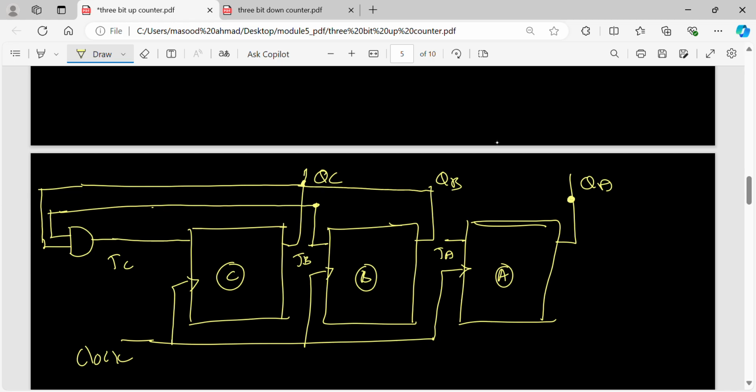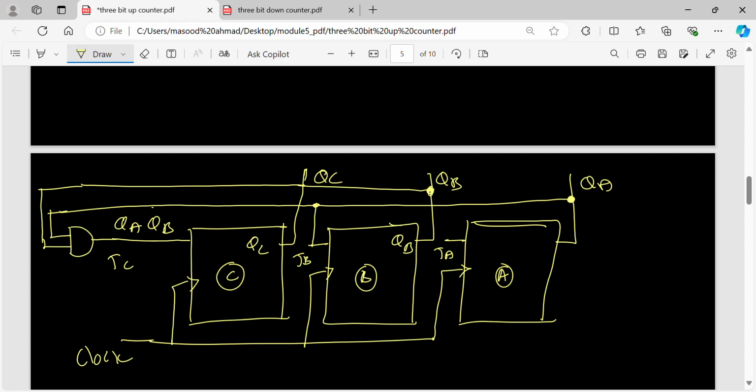We are connecting it to B, not C. There is no connection here. So I remove this. Now I can draw a line. So this is your QC, this is your QB, this is your QA. This is your QA QB.